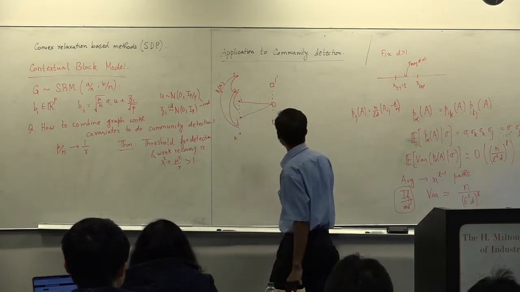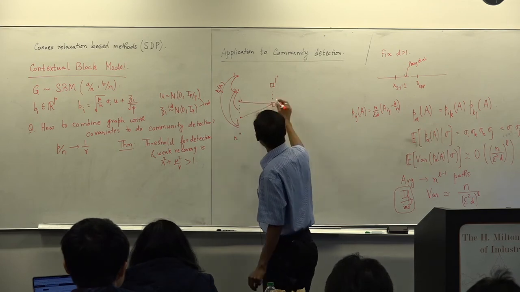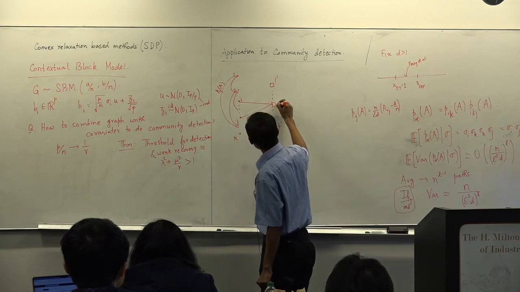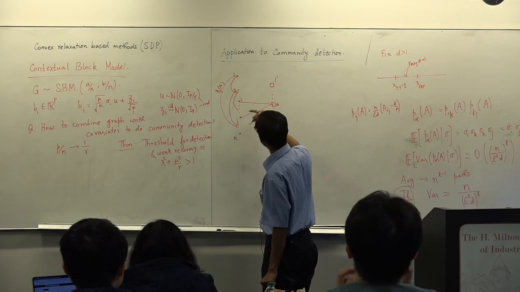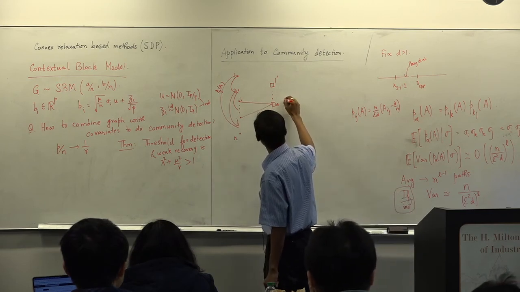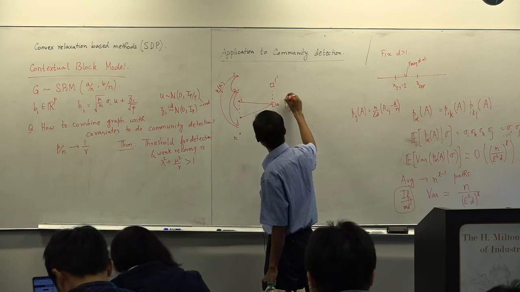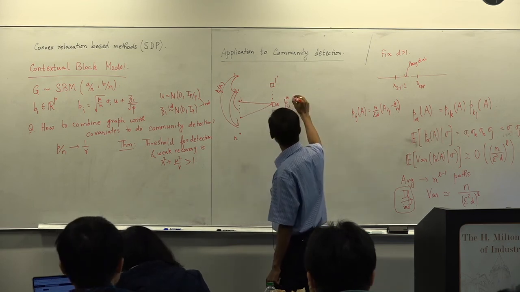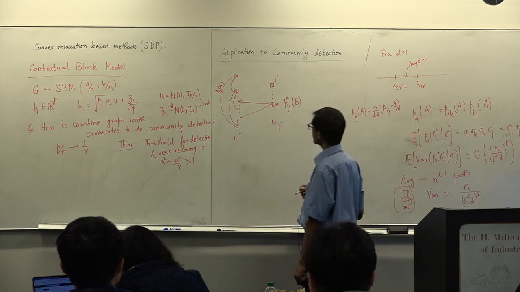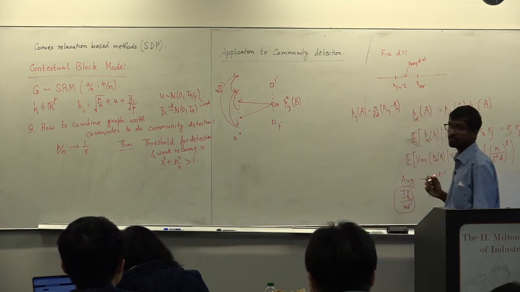So for each such a here, I have some estimate, or some low degree polynomial. Let's say I call this Pija of B. That's a different bit of information.